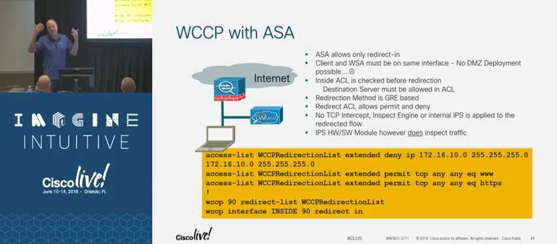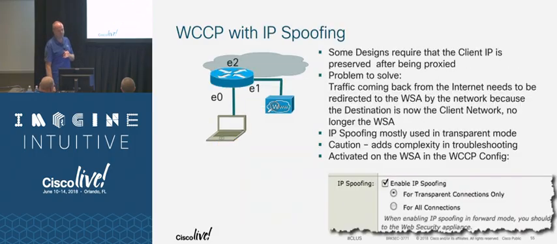The ASA is a firewall, right? So it's not a switch where different VLANs are generally not different security groups. So with the ASA, you have to have them on the same device. So if your users are coming in on the inside interface, your WCCP devices, the WSAs, need to be on that same interface. You can't have the WCCPs in a DMZ when you're using an ASA.